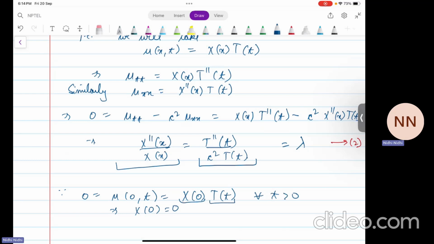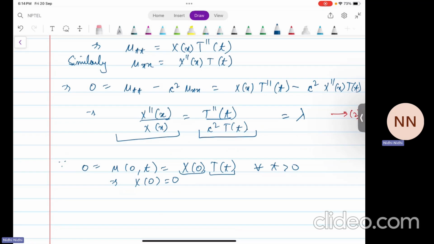That gives us that X(0) must be 0, because if T was the trivial zero function, in that case our function u(x,t) would turn out to be a trivial solution. That is not what we want. We want a non-trivial solution. So that gives us X(0) is equal to 0.